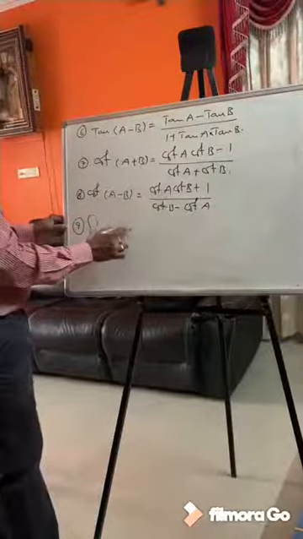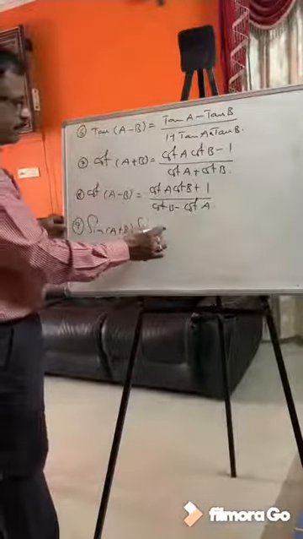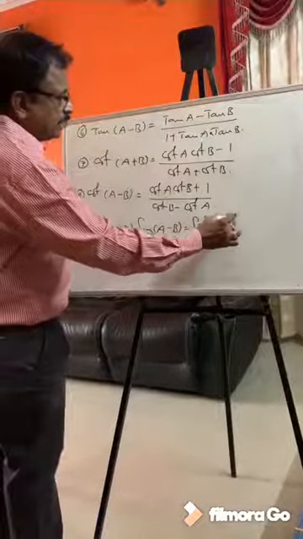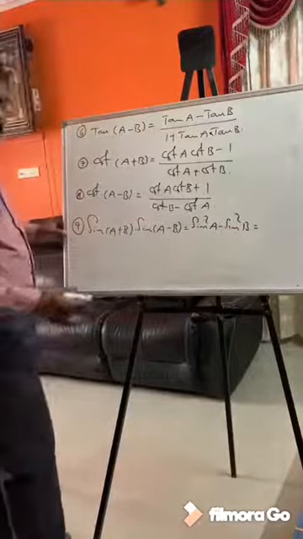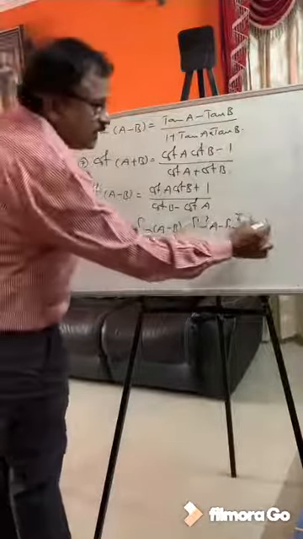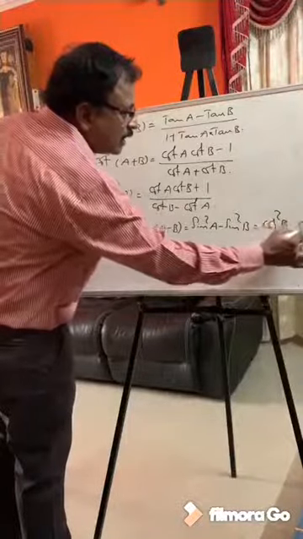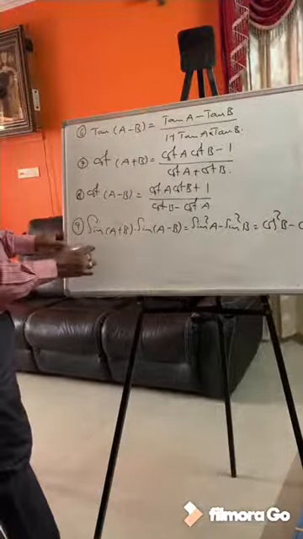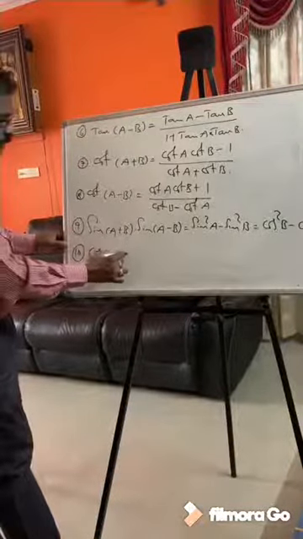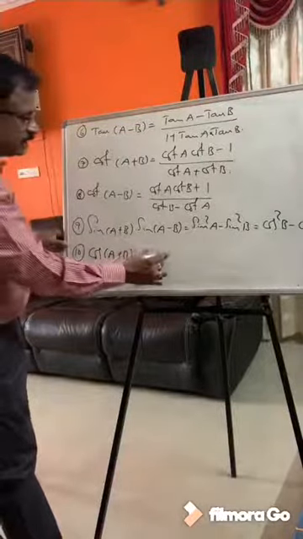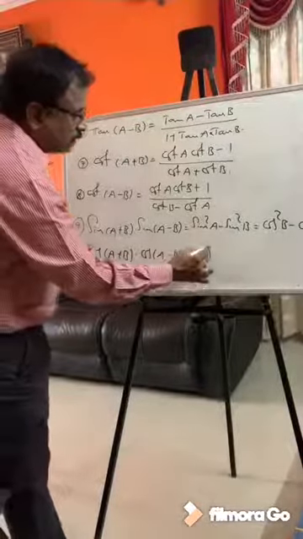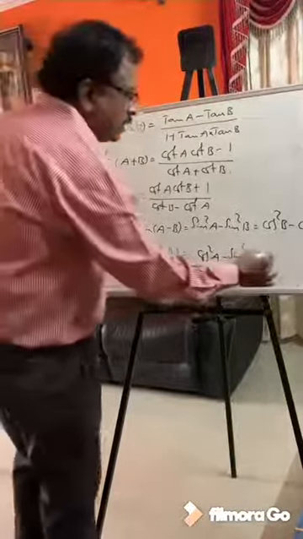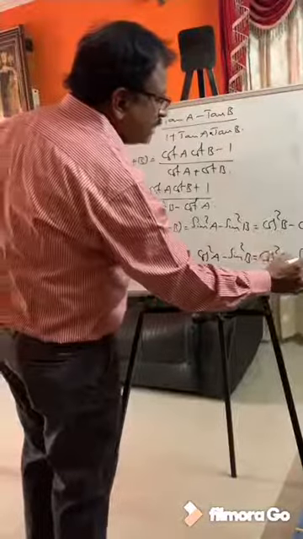Sin of A plus B into sin of A minus B is sin square A minus sin square B. Sin A plus B into sin A minus B is sin square A minus sin square B, or cos square B minus cos square A. Tenth one, cos A plus B into cos A minus B is cos square A minus sin square B, or cos square B minus sin square A.